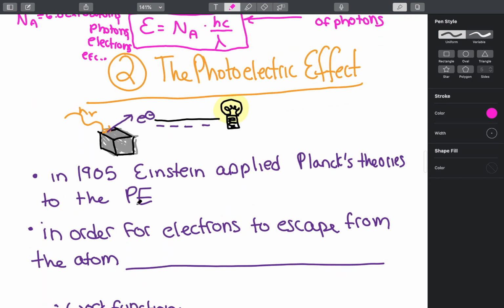So in 1905, Einstein applied Planck's theories to the photoelectric effect.